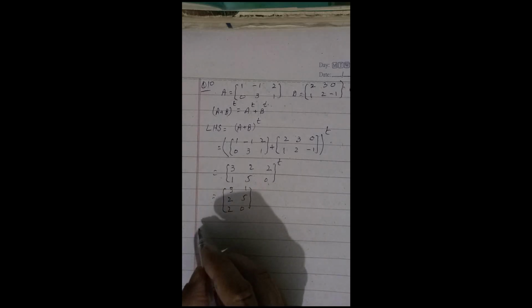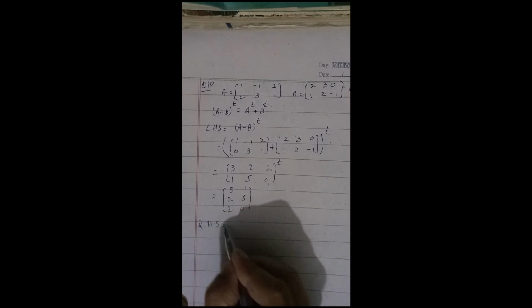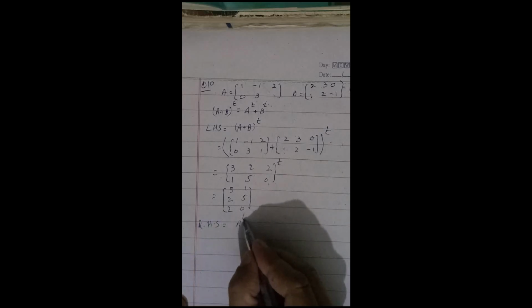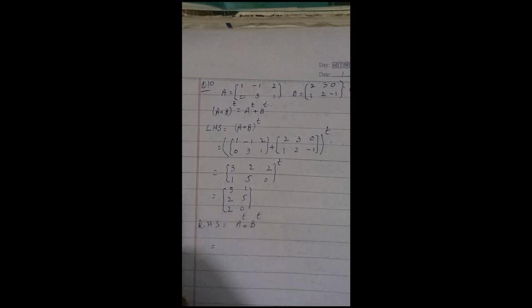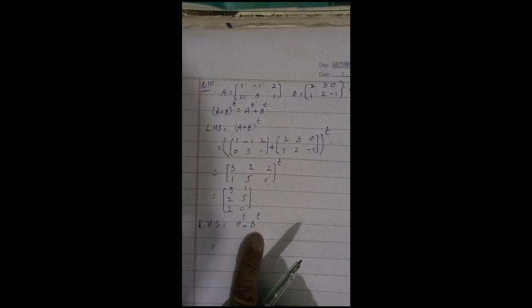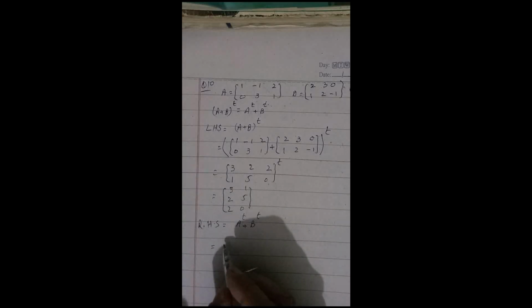And now we get the right hand side, which is A transpose plus B transpose. We can take matrix A transpose and matrix B transpose separately, and then we add the values.